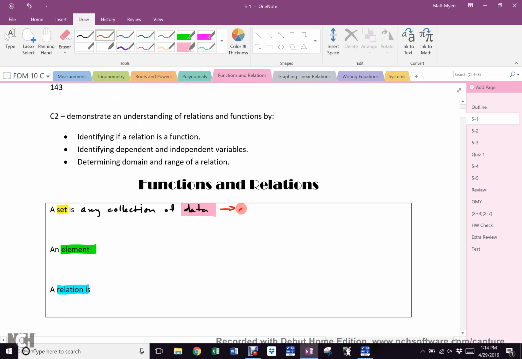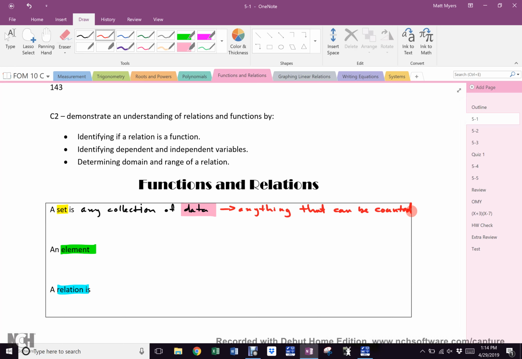Data is anything that can be counted. Okay? If I count something, I have a set of data. As soon as I start counting another thing, I have another set of data.